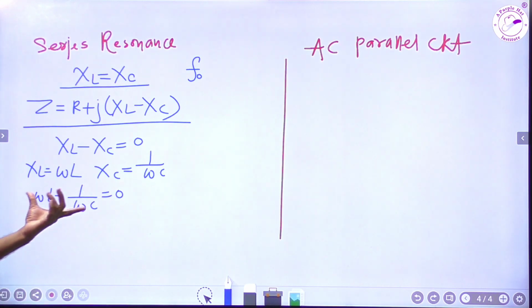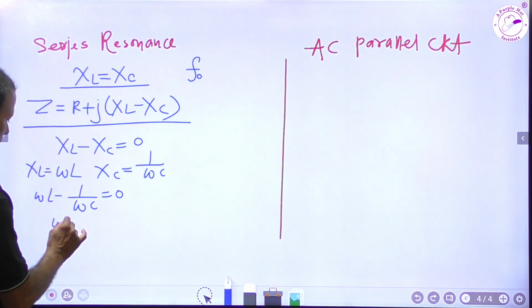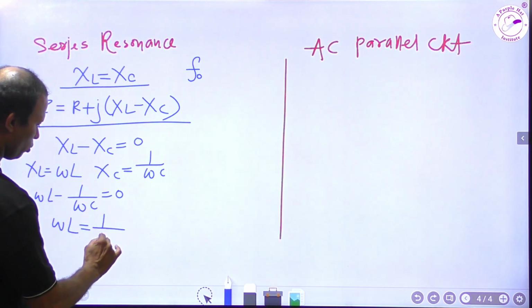If this entire term is equal to 0, we can separate the two parts, so omega L equals 1 upon omega C.